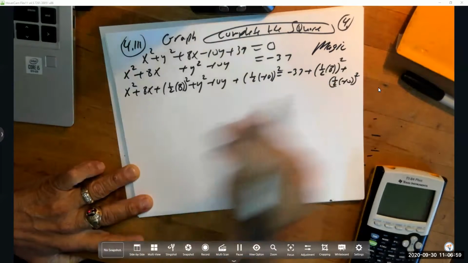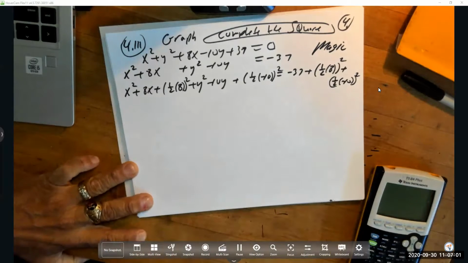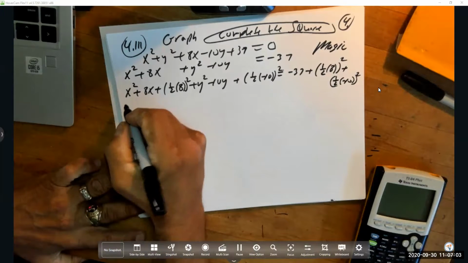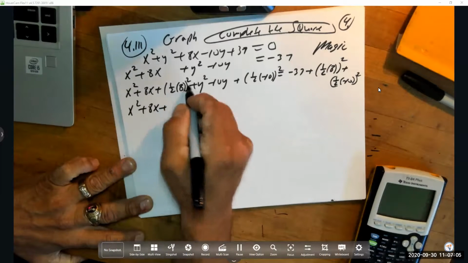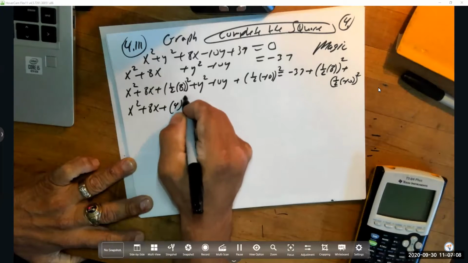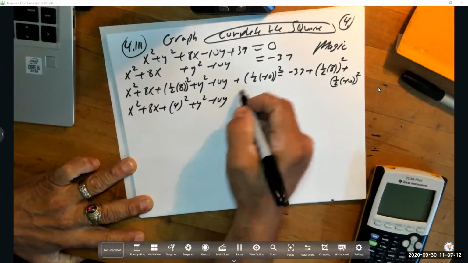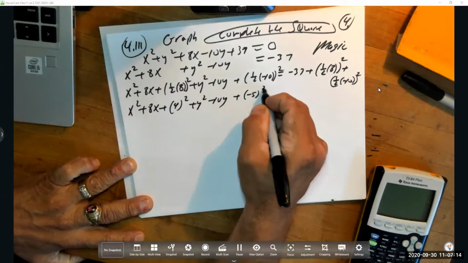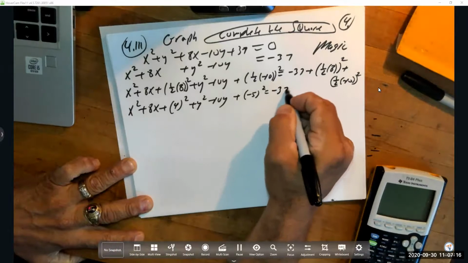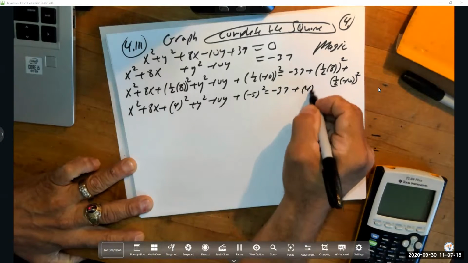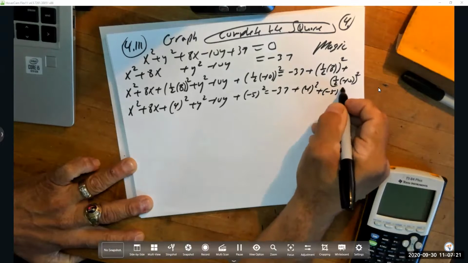Okay? So now, x squared plus 8x, and 1/2 of 8 is 4. And 1/2 of 10 is -5. So this number plus 4 squared plus -5 squared.